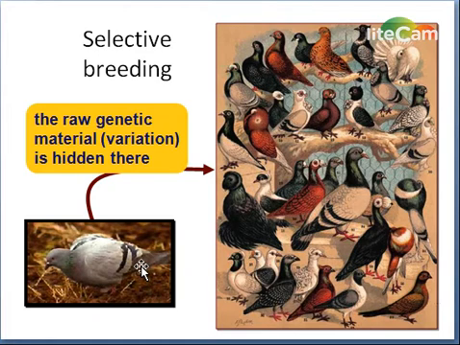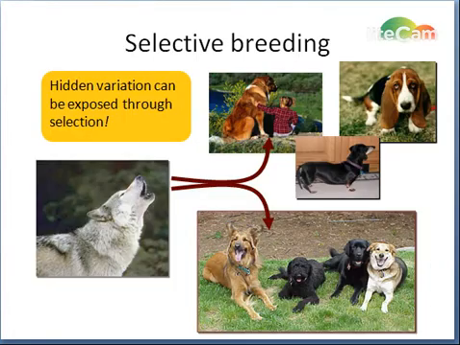So within this pigeon is the raw genetic material for all the variety of birds that you see in this picture. This hidden variation is exposed through selection. So again, here's the descent from wolf, and what we get through selective breeding or artificial selection, the different variety of dogs that we know today.